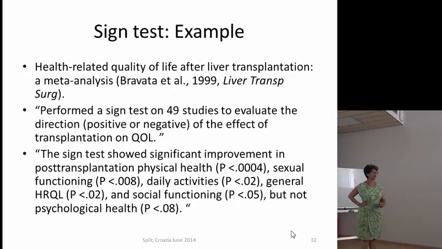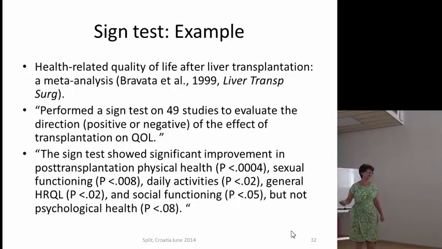They looked at 49 studies using the sign test, and they showed significant improvement on five criteria, but on the sixth criterion they did not find a statistically significant difference, which does not mean that there was no difference, but that they couldn't rule out chance in that particular case.